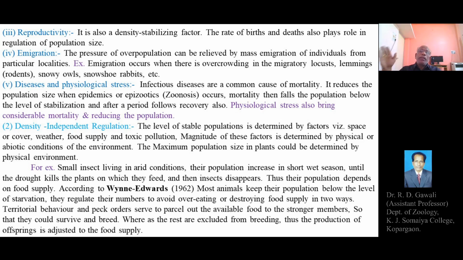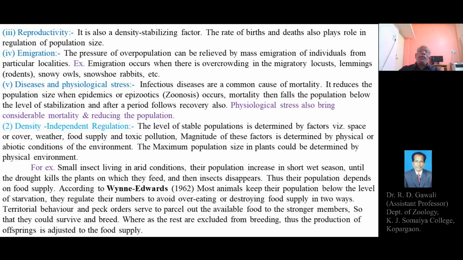So mortality then falls the population below the level of stabilization and after a period follows recovery also. So this might be a temporary change in a number or in a population size.